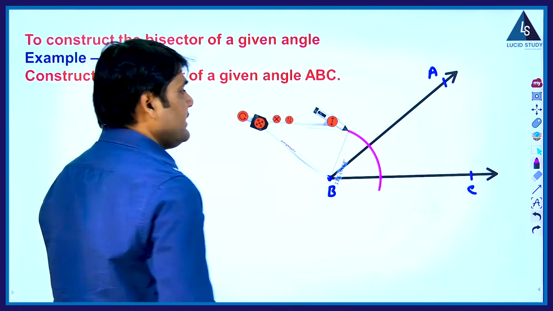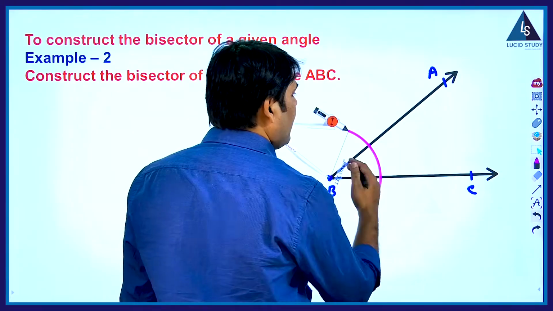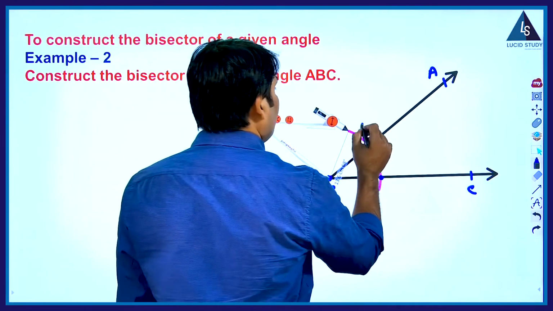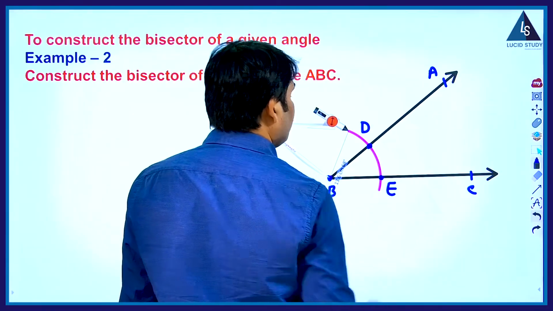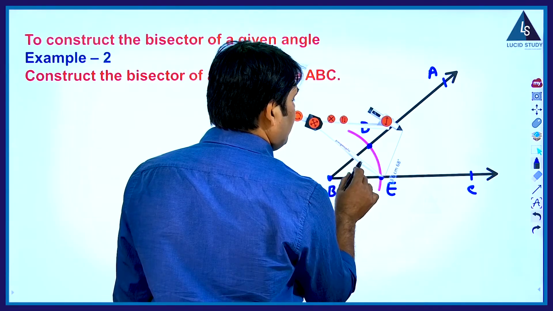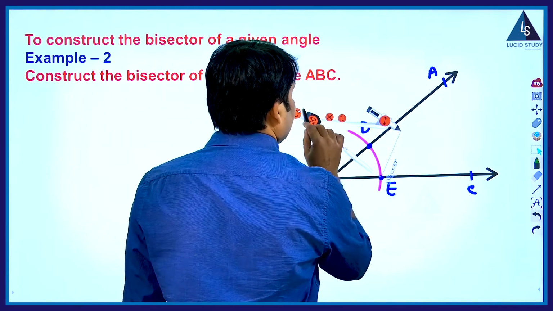Wherever it intersects these two rays, the arms of the angle, let us assume those points as D and E. Now without changing this measurement, place your compass needle on E and draw an arc with the same measurement.